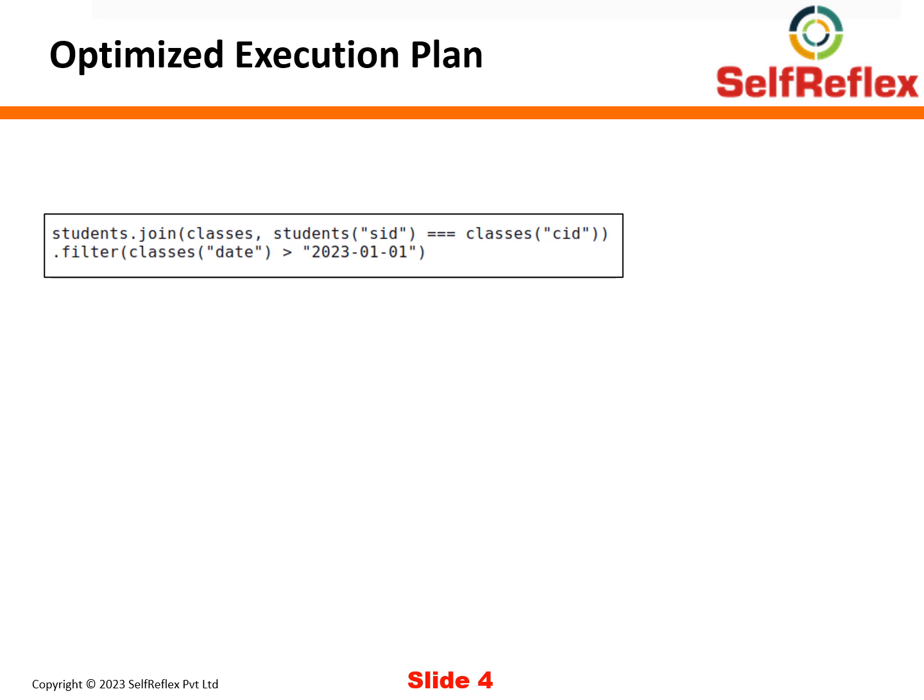You are trying to join them, and then you are trying to filter on only those classes that started, let's say, after a particular date. Now, in this case, a logical query plan would be to scan the students data frame, basically the data source, and then scan the classes data source, join them together based on the ID, and then apply the filter. So that's the logical flow of steps, just the way you have described in the query.